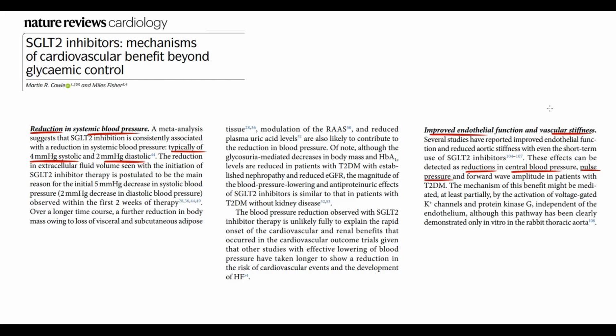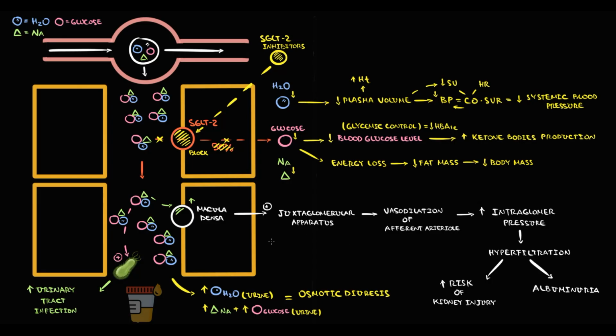Because reabsorption of sodium decreases, the amount of sodium in the renal tubules increases, and this significant change in sodium concentration is sensed by the macula densa. In response to increase in the amount of sodium, the macula densa inhibits the function of the juxtaglomerular apparatus.